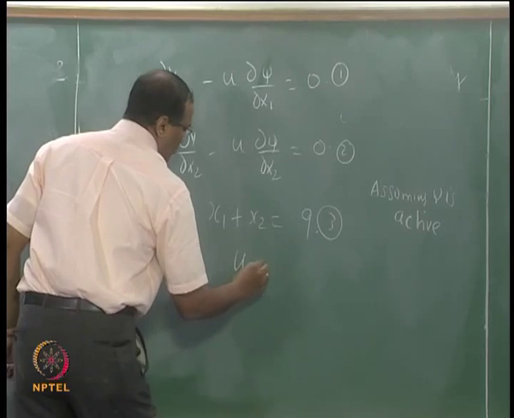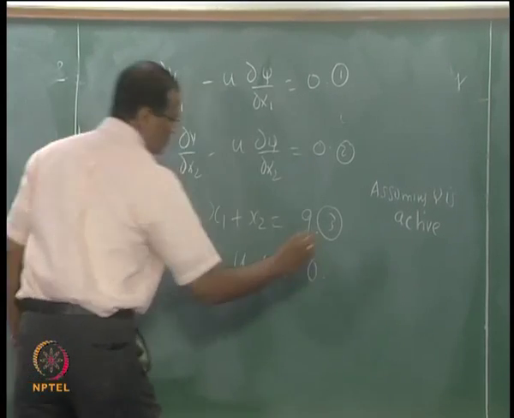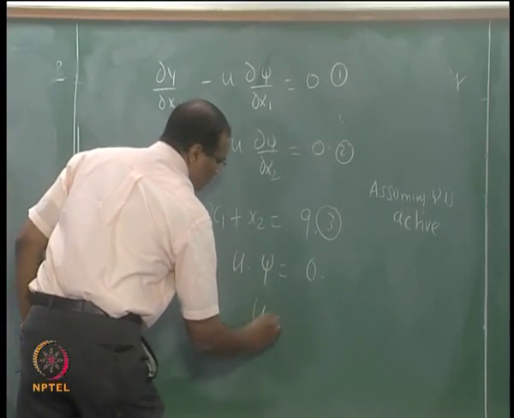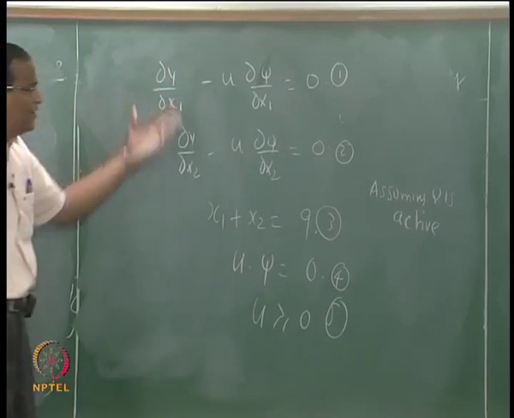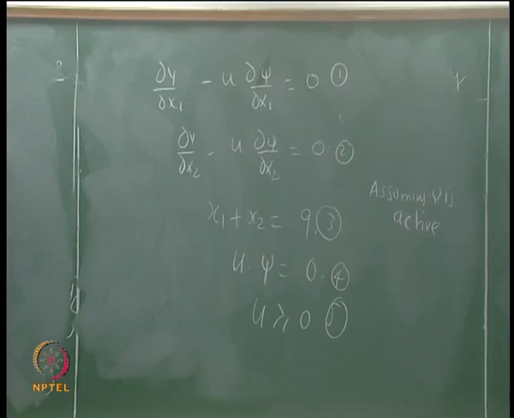Then u into psi equal to 0, u greater than or equal to 0. These are the 5 equations. So this gives you the KTCs. Now solve.